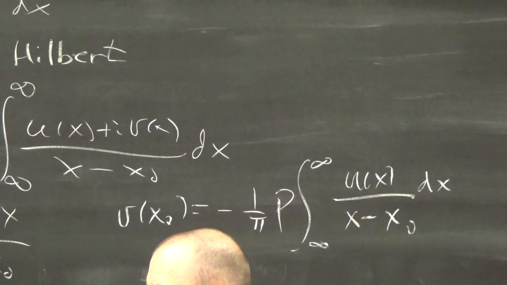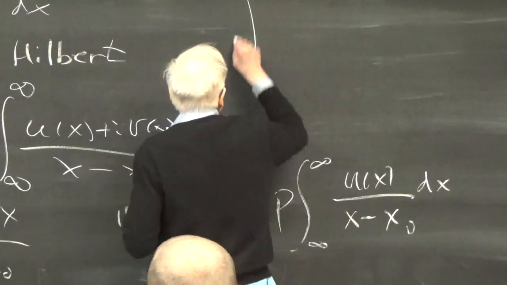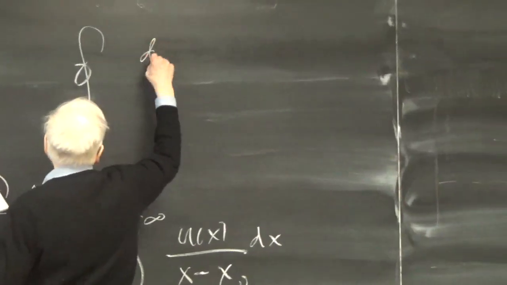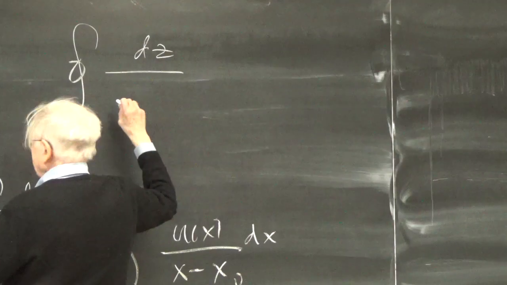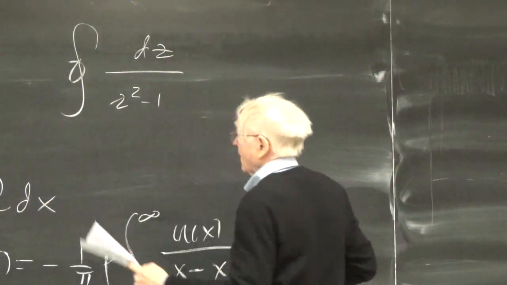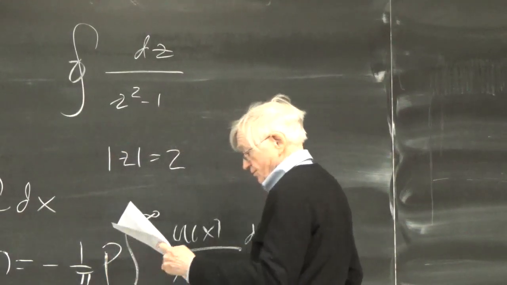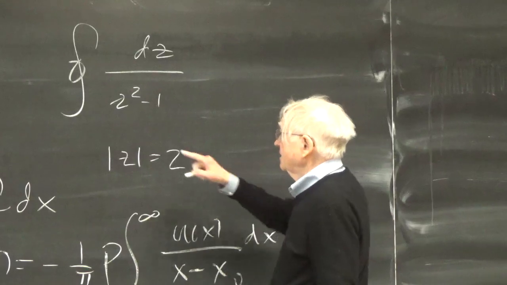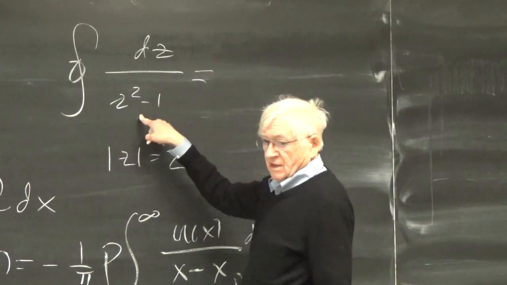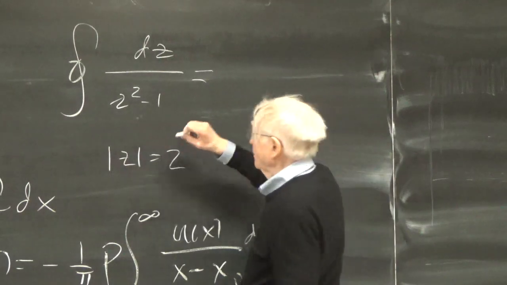And okay, so we've got an integral dz over z squared minus 1, and you're integrating around the circle |z| equals 2. And, well, whenever you see z squared minus 1, you should think factor.